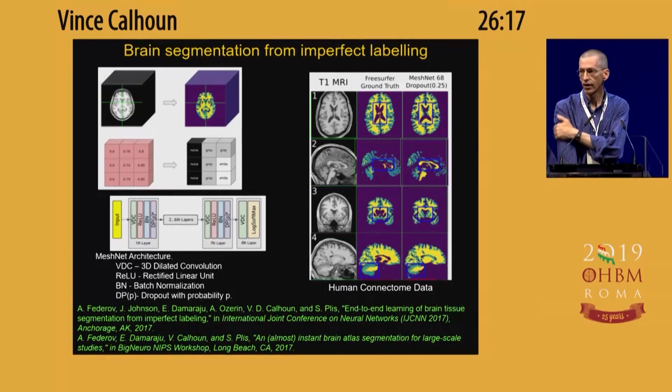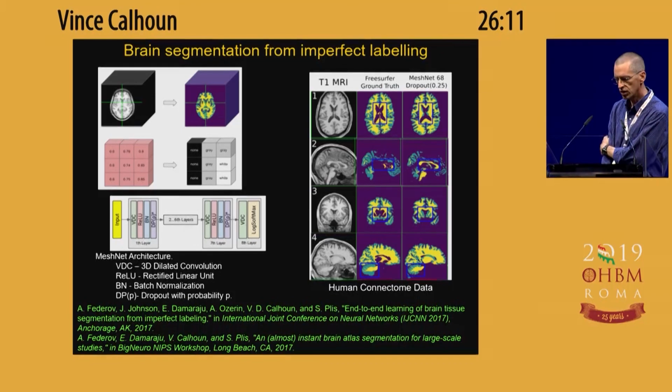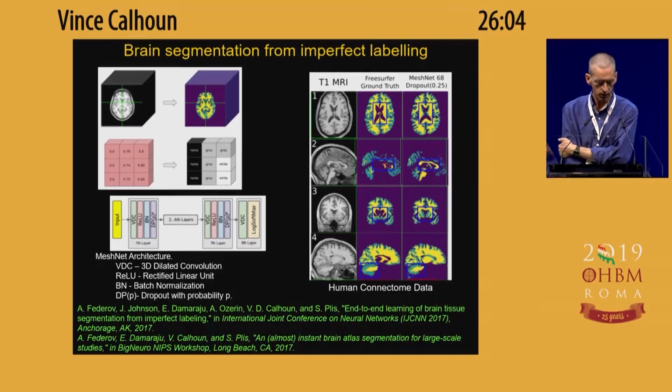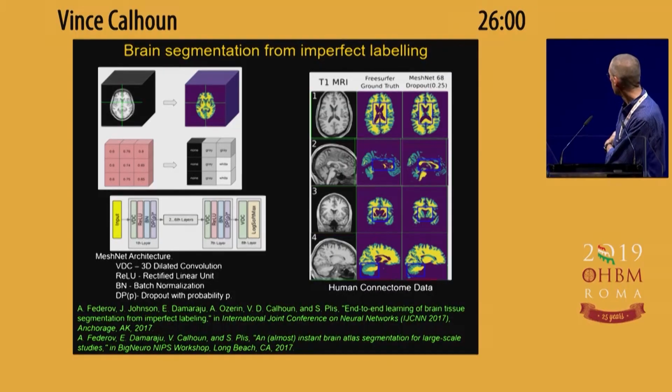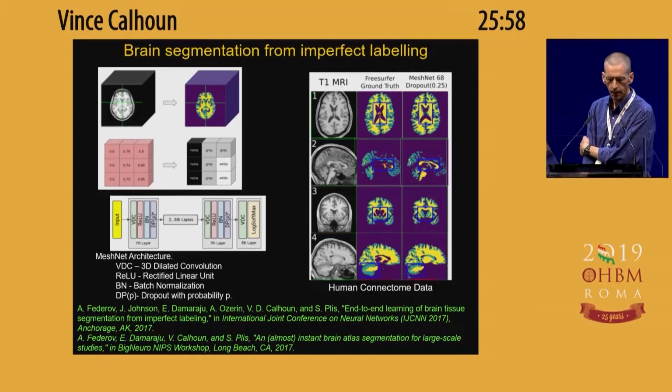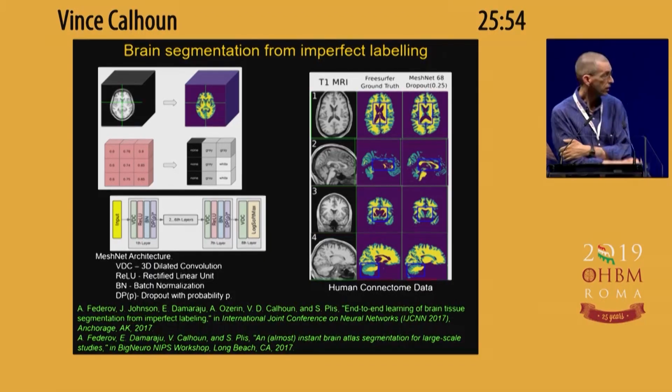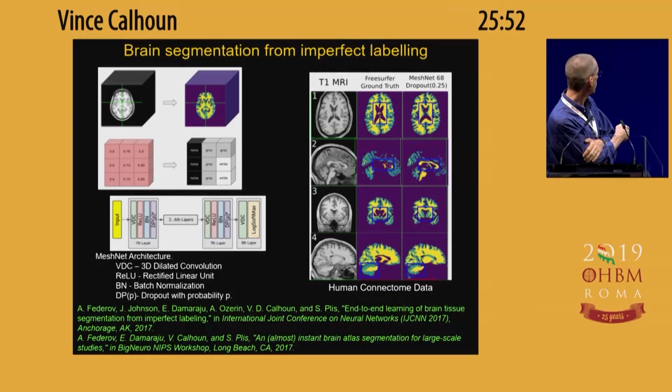Deep learning is used a lot on images, obviously with Google and Facebook, et cetera. Brain segmentation is a great example where deep learning does quite well. Here we've trained a dilated convolutional deep network using FreeSurfer decompositions, and we show that we get comparable and in some cases slightly better segmentations when we run it on unseen data.